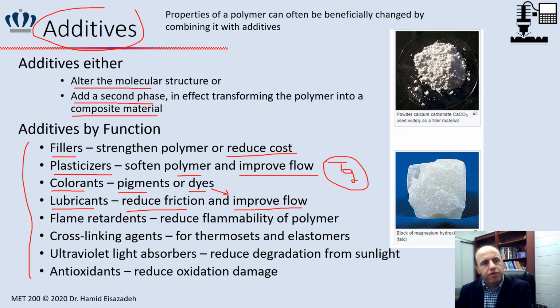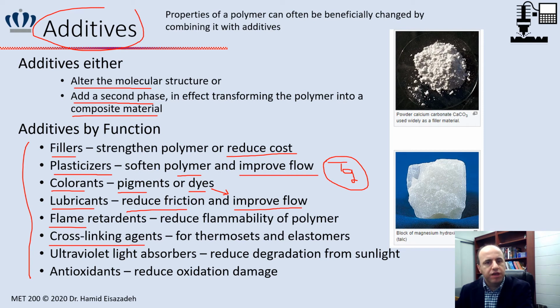And we have lubricant that reduces the friction and improves the flow, and we have some additives that can make the polymer resistant to flame. Also, we have some additives that increase the cross-linking process.